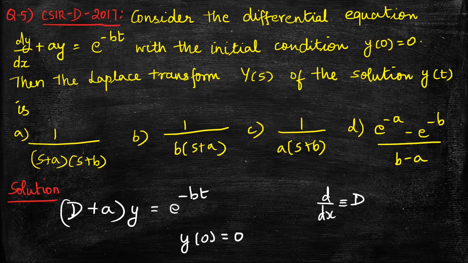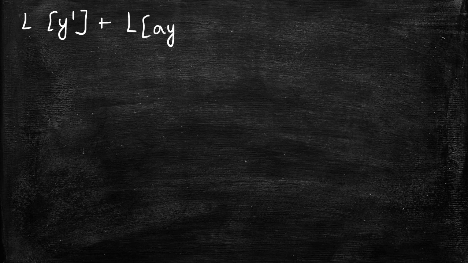Now we have to find the Laplace transform of the solution. So the basic thing is that we have to solve the whole equation. Now L of y prime plus L of ay is equal to L of e power minus bt. So we are just going to take the Laplace transform of all these functions, and for y prime there is a formula given.